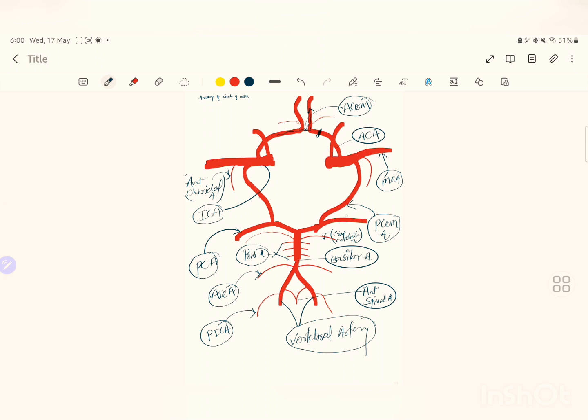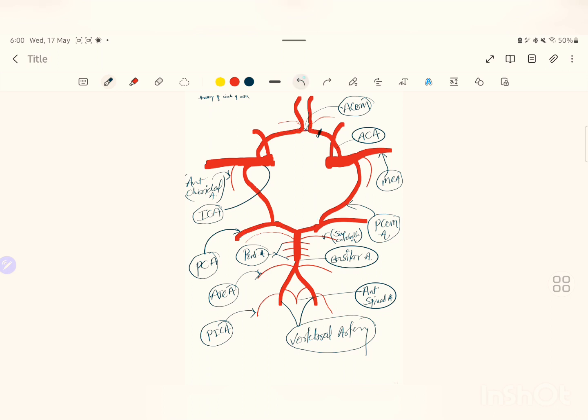If the left anterior cerebral artery gets blocked, in a similar way the right anterior cerebral artery gives collateral via anterior communicating artery and supplies the left ACA. Understood? Similarly in the posterior circulation, if any of the posterior communicating arteries gets blocked, the blood flow from the opposite side travels through the opposite posterior communicating artery, then through the PCA travels to the opposite side.